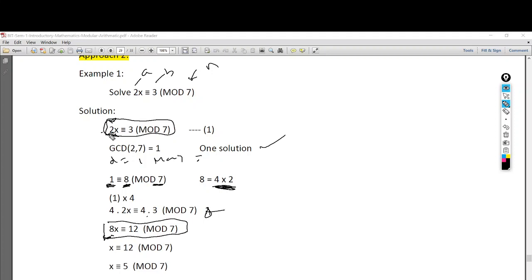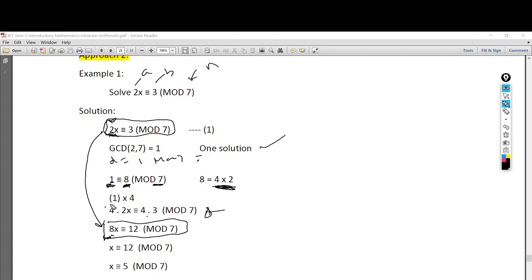Rather than making it 1, because we can't divide a formula by a value in the modular world, we try to make it the next bigger value, because we know that 1 is congruent to 8. Therefore, by multiplying this by 4, we make it 8x, rather than dividing, because division can't be done.